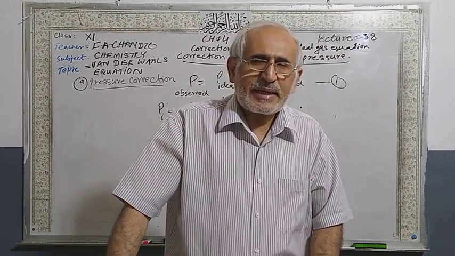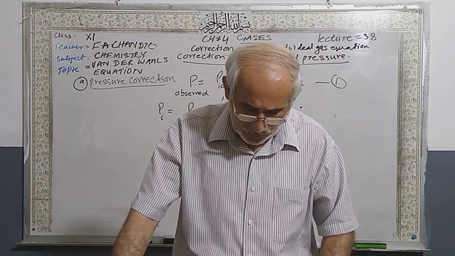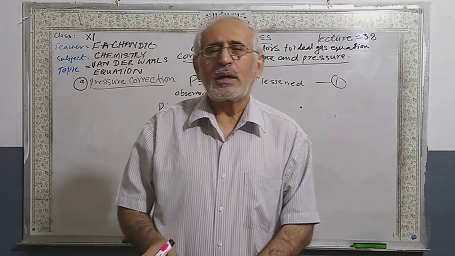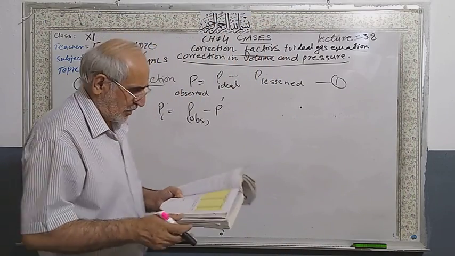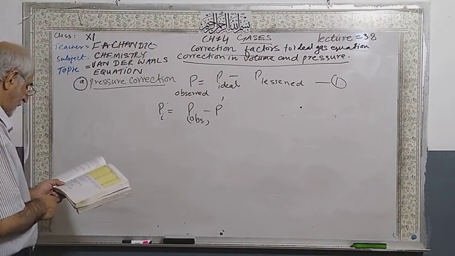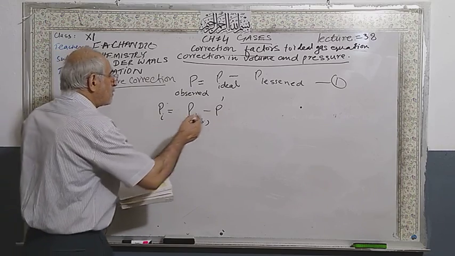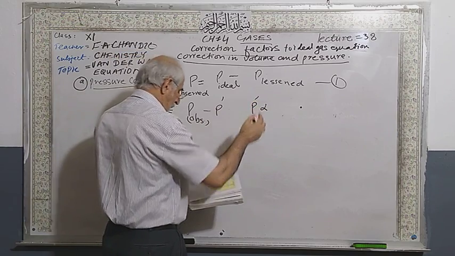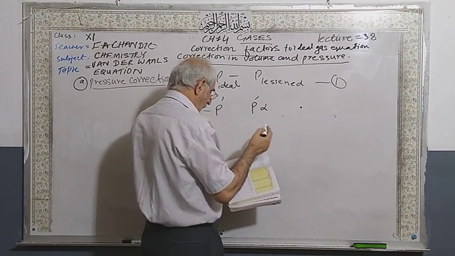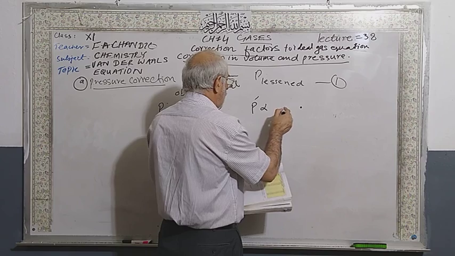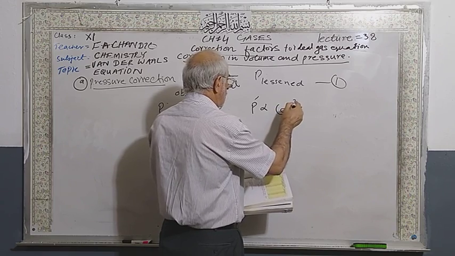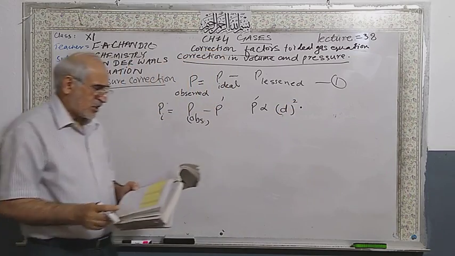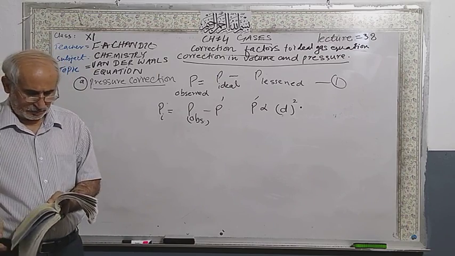But the P dash is directly proportional to the density of the gas. A heavier gas creates more pressure. So P dash is directly proportional to the square of the density.